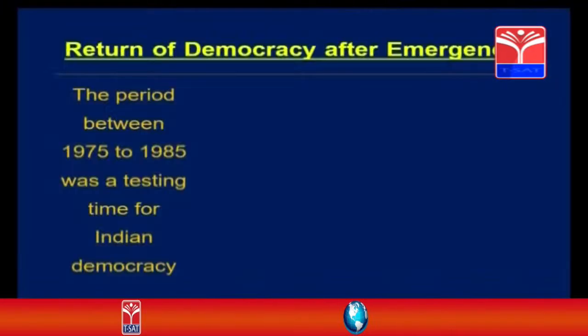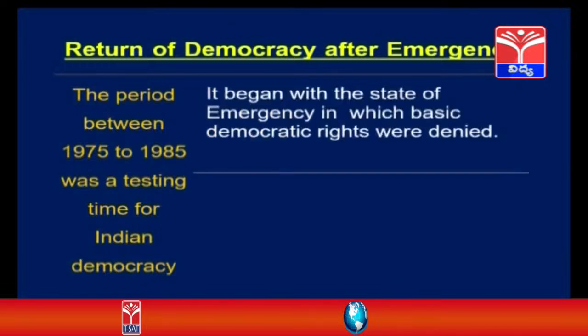Return of democracy after emergency. This period between 1975 and 1985 was a testing time for Indian democracy. This period began with a state of emergency in which basic democratic rights were denied.